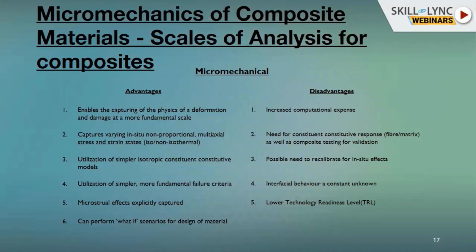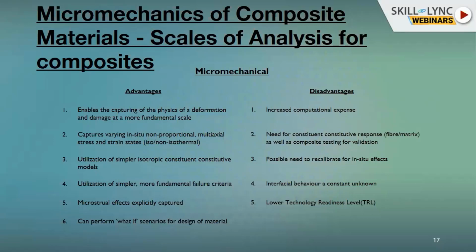These states can be easily captured at a micromechanical scale. This is mainly because we'll be utilizing simpler isotropic constitutive law models for fiber and matrix systems. Because of this simplicity, we'll be able to capture various complex conditions that evolve in the composite material.